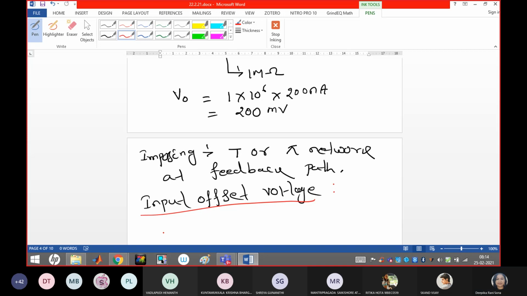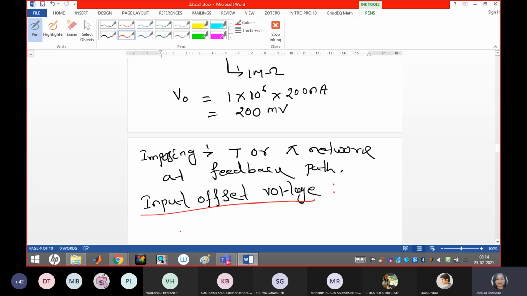It is a type of offset voltage which must be applied in between the two input terminals of the op-amp to nullify the output. What should be our target? Our V0 should be 0. Okay. So this voltage may be positive or may be negative.